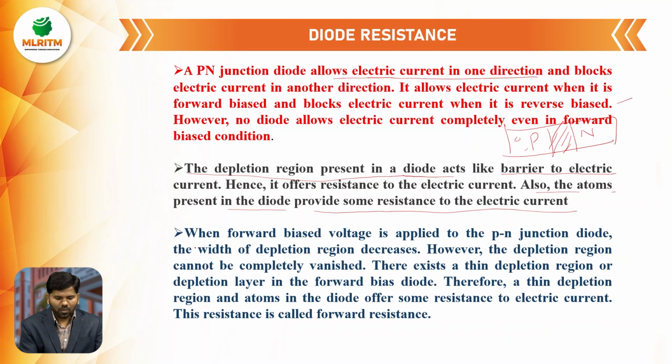When a forward bias voltage is applied to the PN junction diode, the width of the depletion region decreases. But in practice, the width of the depletion region does not completely vanish. A thin depletion region exists in the forward bias of a diode.